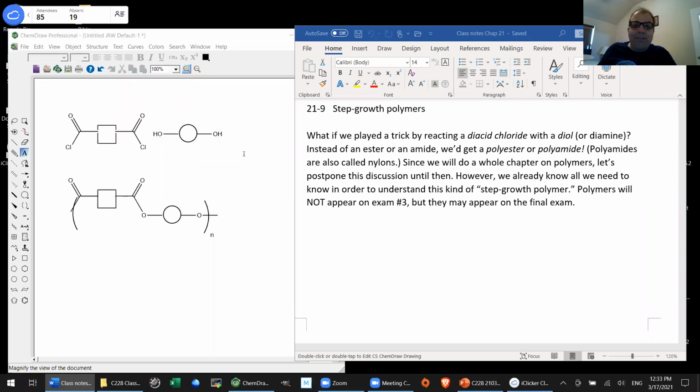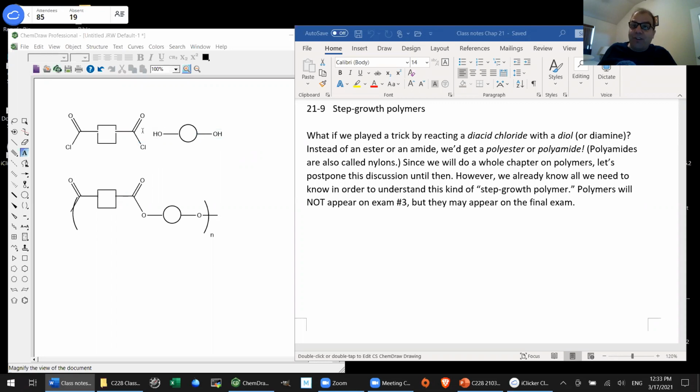What if you reacted them together? Well, an acid chloride could react with an alcohol functional group and make an ester. Meanwhile, there's an alcohol functional group on the other side of the compound that can find another diacid chloride molecule looking just like this and react with that acid chloride and make an ester.